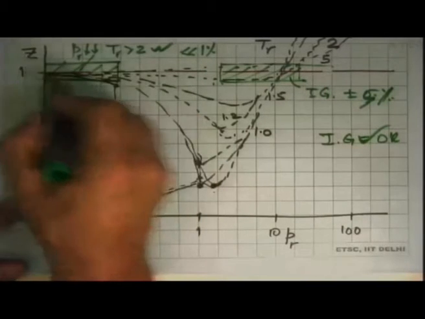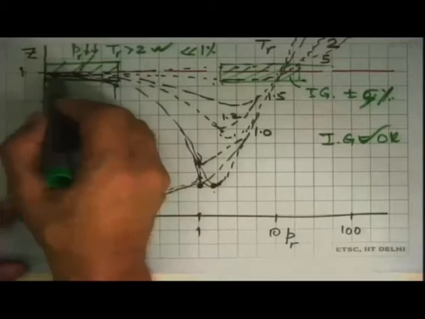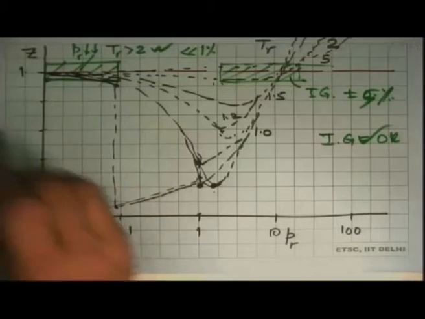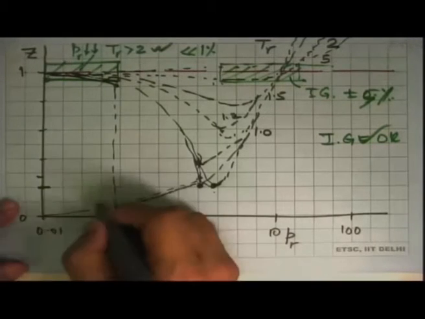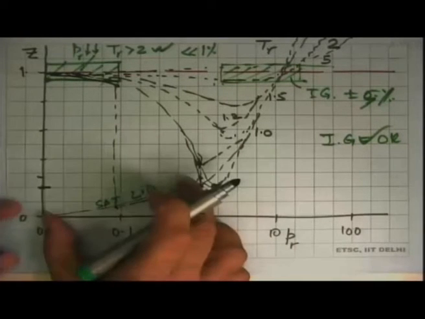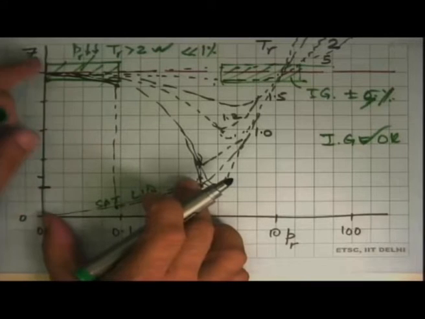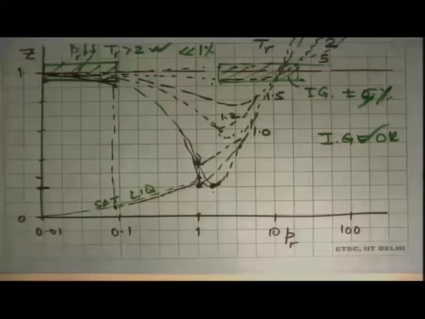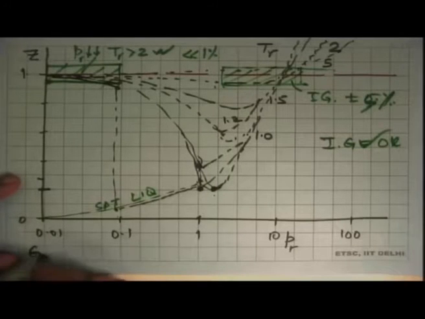So we can only look at this part where some saturated states will also come as ideal gas behavior, but the saturated liquid state, which is this line, has got very large Z or very small, and cannot be considered to be an ideal gas. Okay. So that's what we have introduced now, the chart which is known as the generalized compressibility chart.